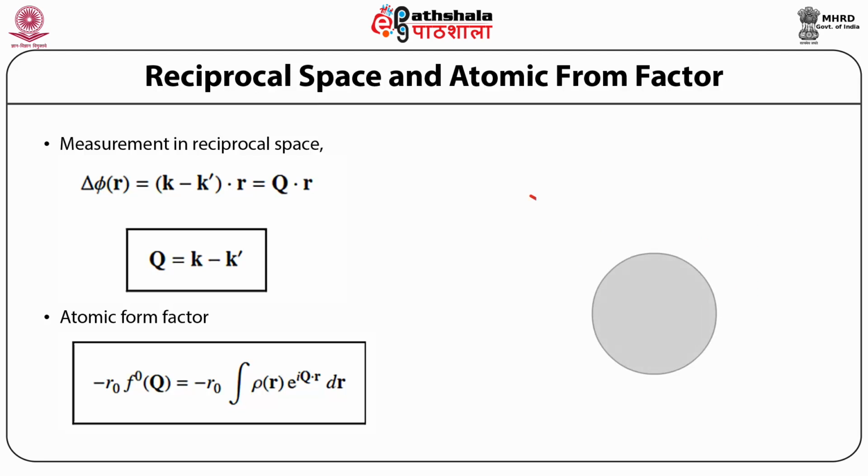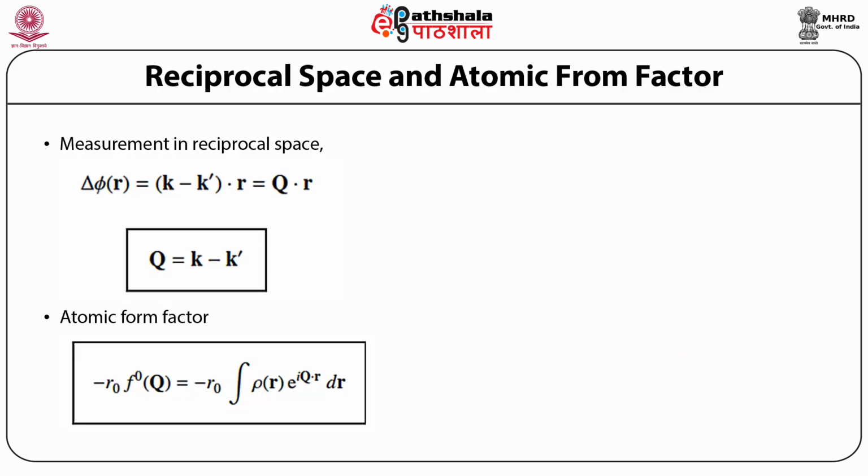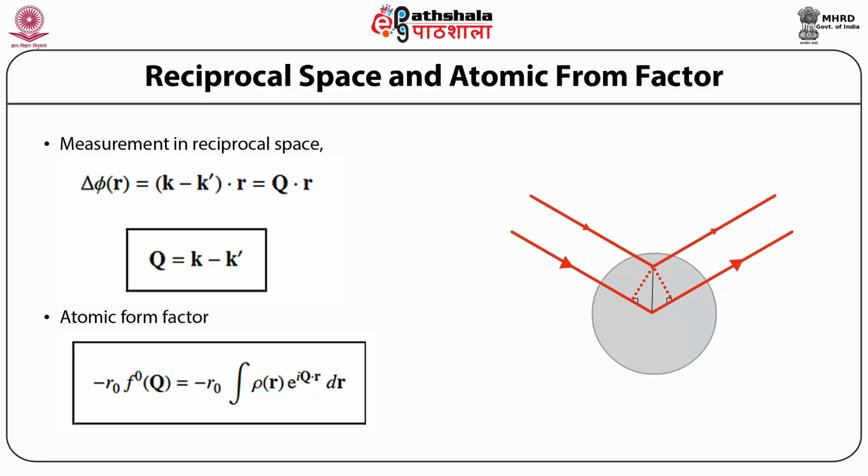The more is that the electromagnetic radiation or X-ray scatters from atoms, or basically the electrons in the atom. The electrons interact with this electromagnetic radiation and it is scattered. How these electrons are distributed around the atom plays a role in how strongly or how weakly radiation can be scattered.